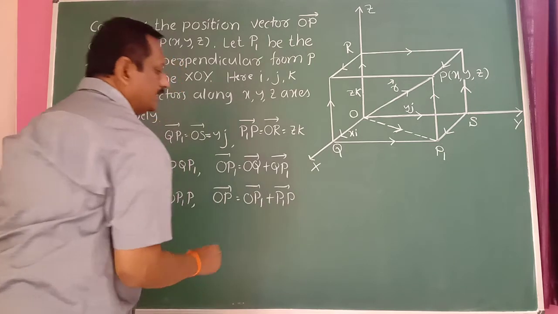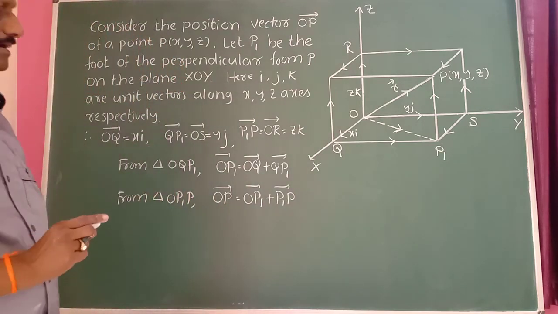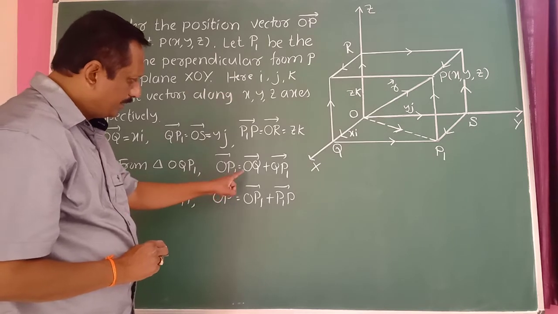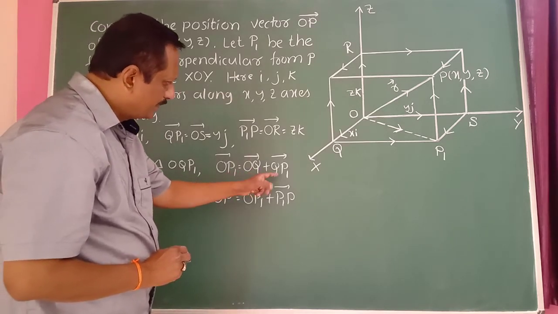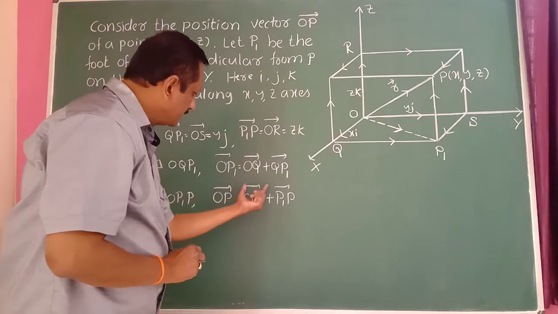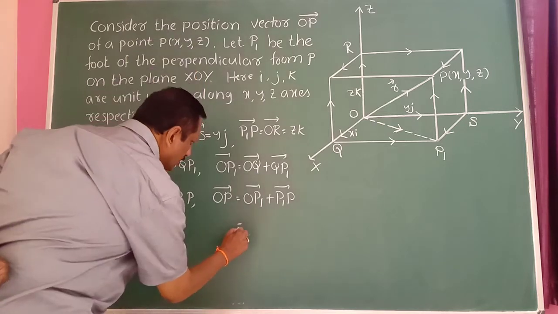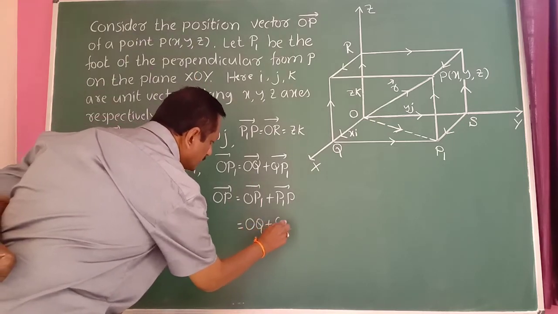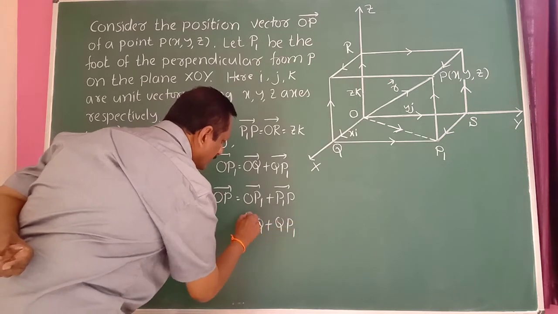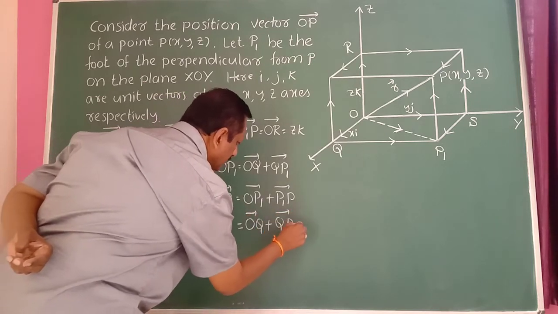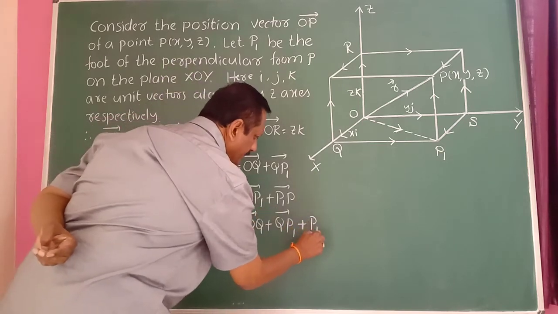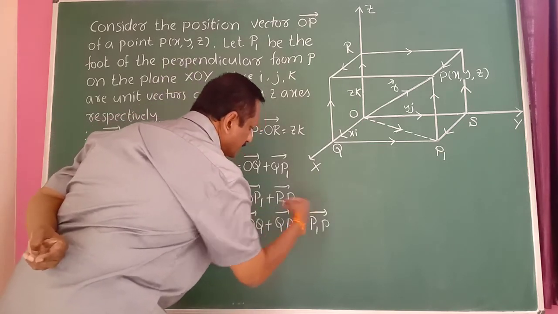This is by the triangle law of vector addition. But what is OP1 here? OP1 is OQ plus QP1. So use this result here. Just replace it. Therefore this is equal to OQ plus QP1, with arrow marks, then plus P1P, written as it is.